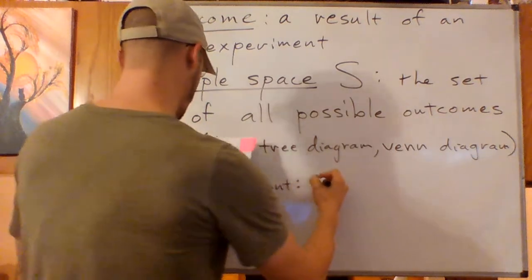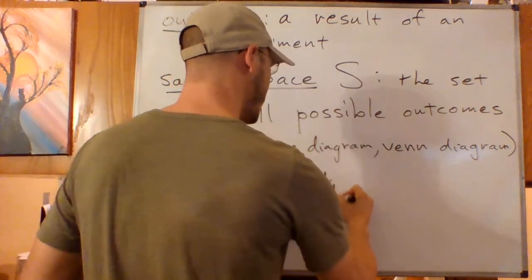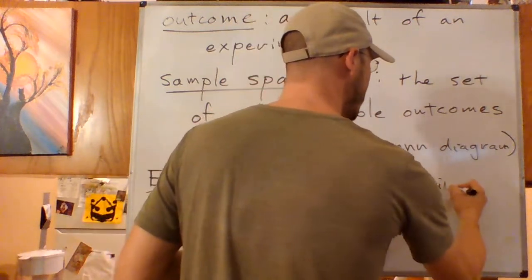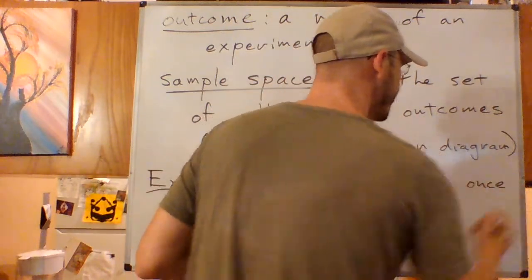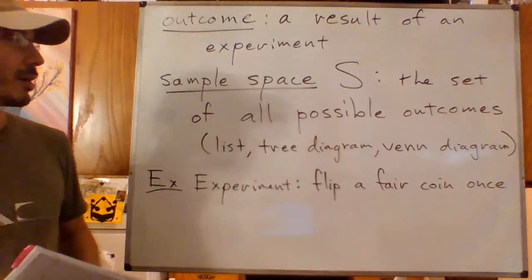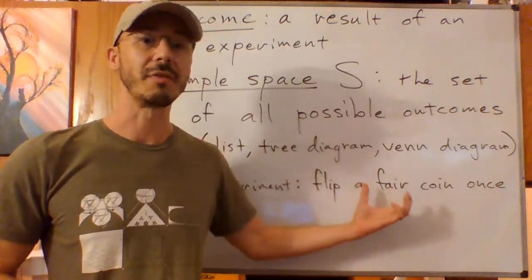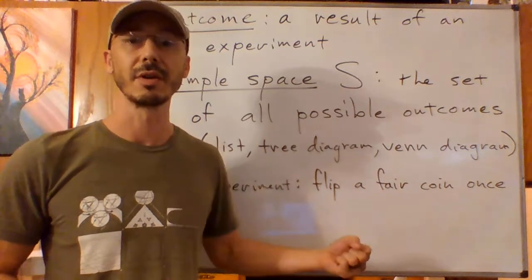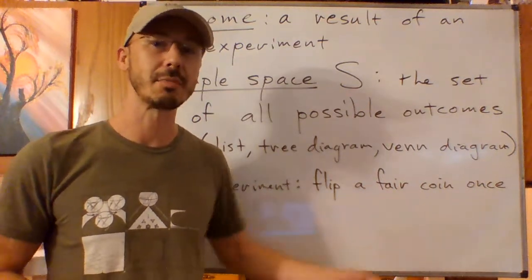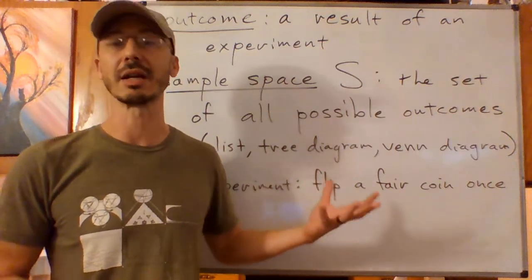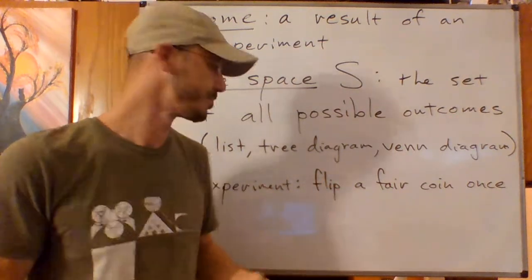So my example to demonstrate some of these things, the experiment in this case is to flip a fair coin once. And just an ordinary coin, so one that has heads and tails. A fair coin means that it's going to give heads half the time and tails half the time, or it's equally likely to get either heads or tails.